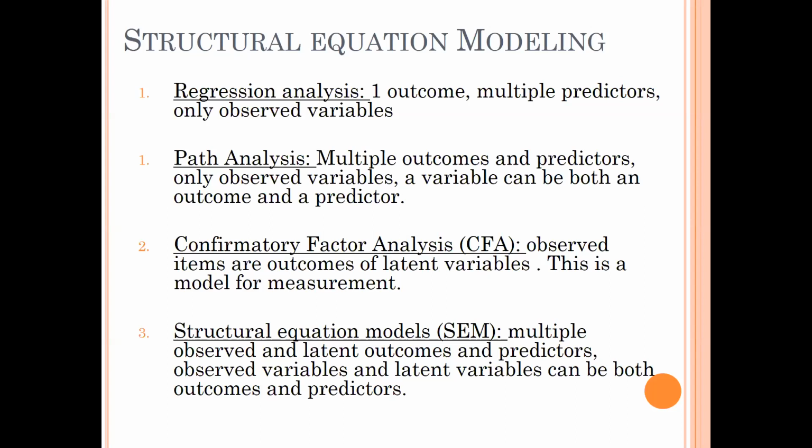So confirmatory factor analysis is a statistical model that takes responses to a scale that is intended to measure a latent variable, and separates measurement error from the actual scoring on the latent variable. Now, structural equation modeling combines confirmatory factor analysis and path analysis. You can have multiple latent variables as either outcomes or predictors, and you can have observed variables as well.